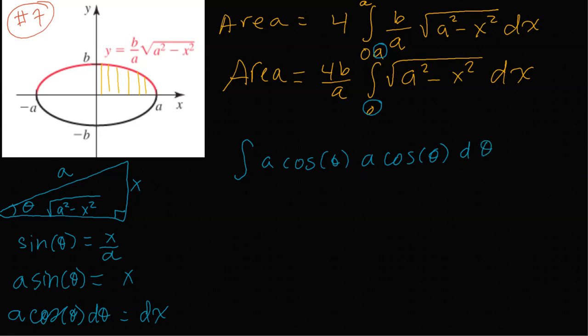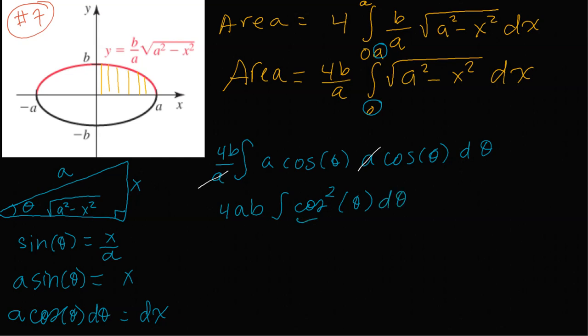So I really do have the 4b over a down here. So then a cancels with one of these a. I will just now have 4ab integral of cosine squared of theta d theta.